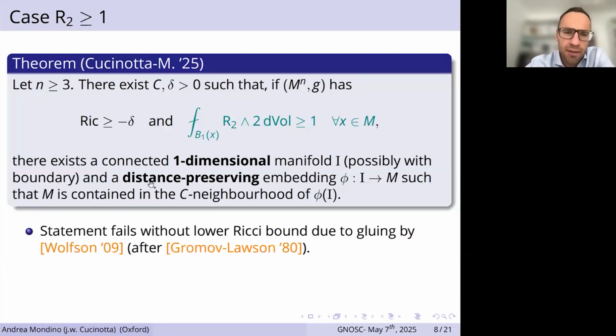One can check that if you don't have this lower bound on the Ricci, you can build a kind of cross manifold where R2 is positive. And we just saw that this cross manifold does not satisfy this condition.